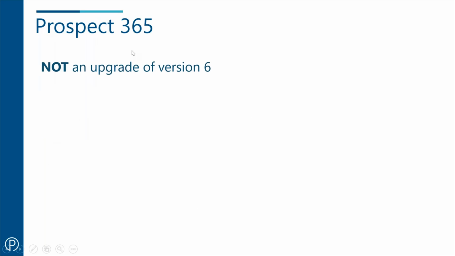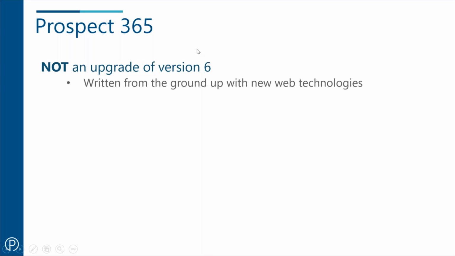So first of all, it is worth noting that the migration is exactly that. It is not an upgrade of version 6. The system itself has been completely rewritten from the ground up using new web technologies. We've also taken a real focus in the CRM itself and concentrated on real stock-aware features, and stuff around stock and being able to service your customers when you are selling things out of a warehouse to other B2B businesses.